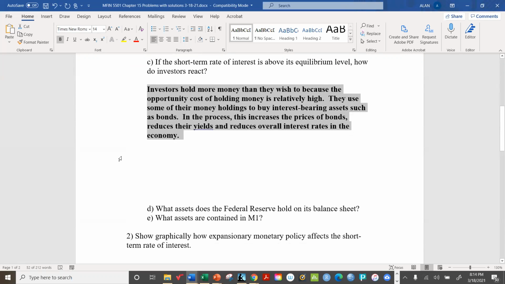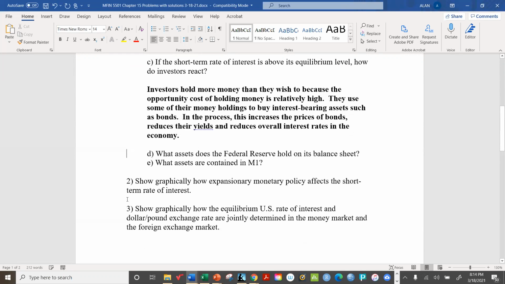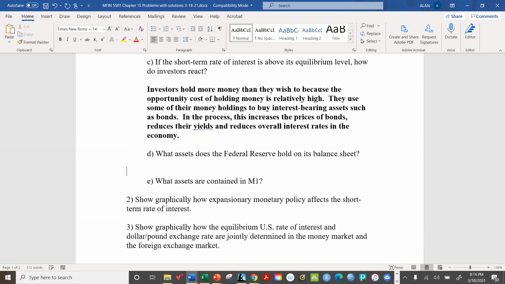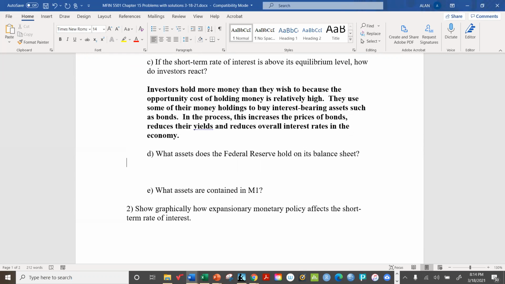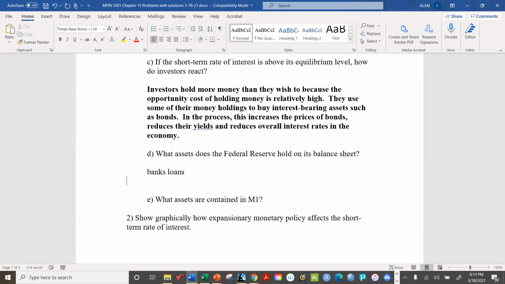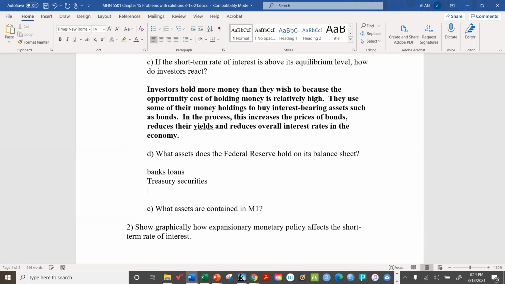All right, now what assets does the Fed hold on its balance sheet? Well, there's a few. We could actually expand on this, but this is really what most of them consist of. We have bank loans. We have treasury securities. And we have foreign government securities.